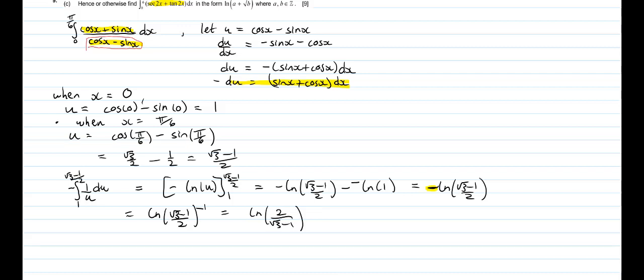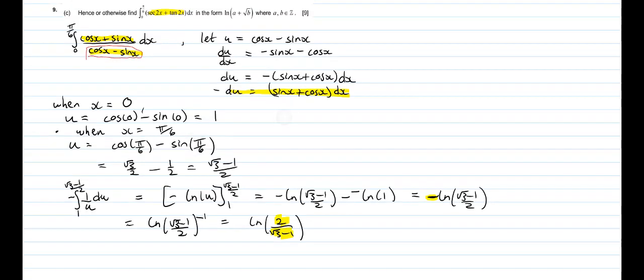Okay, so we're almost there, but we've got this root 3 minus 1 in the denominator and a 2 in the numerator, and we actually want our answer in the form of natural log of a plus root b.